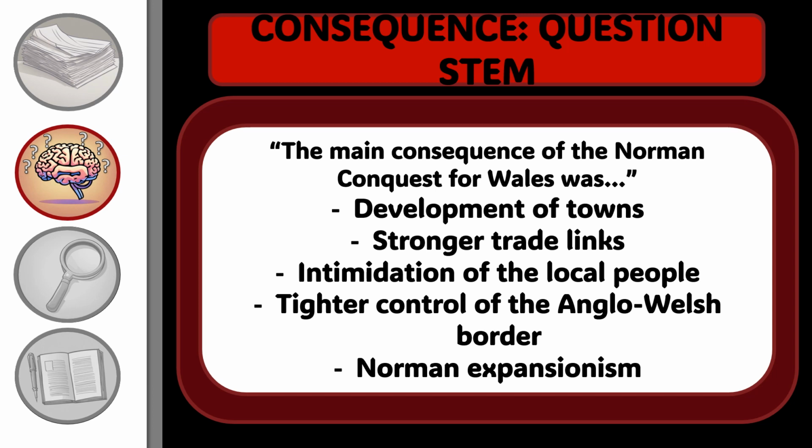Intimidation of the local people, again, castles, and fear and symbol of power. Tighter control of the Anglo-Welsh border, that's castles and defence, castles being used as a method of defence. And then Norman expansionism. What I mean by that is the Normans going out into Wales to conquer more land. But don't forget, they didn't do that in a consistent manner.